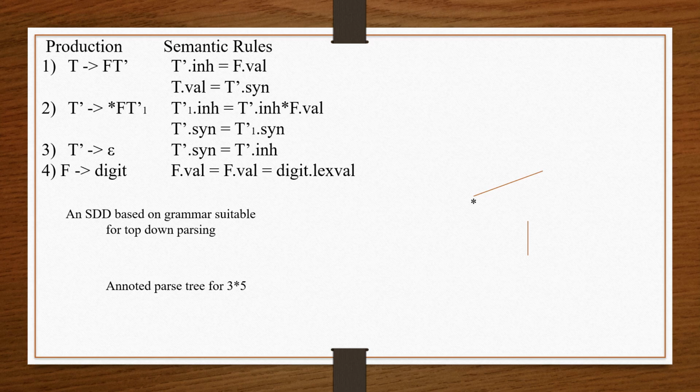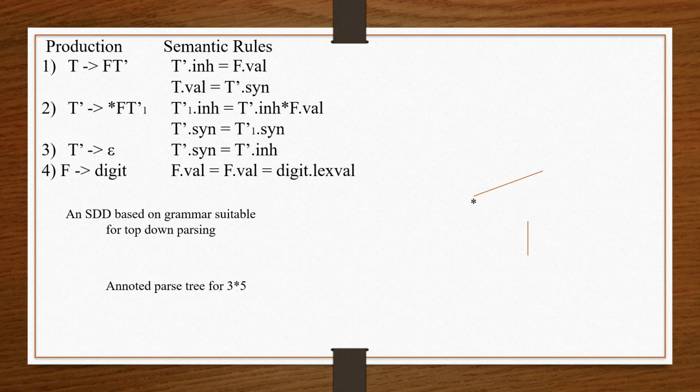So how to obtain 3 into 5? Which is the start symbol here? T. So T derives F T dash. Right? T derives F T dash. So F can take the value 3, but how to obtain star? That is from T dash. What is T dash? T dash is equal to star F T dash. In this way, we can compute 3 into 5.